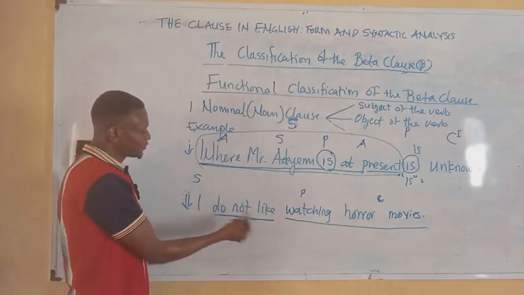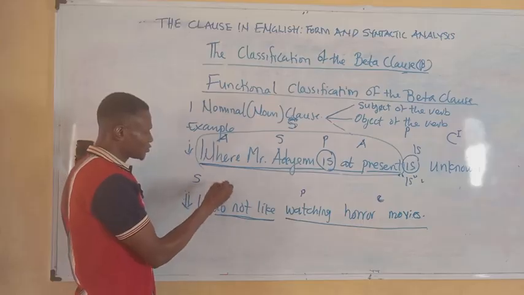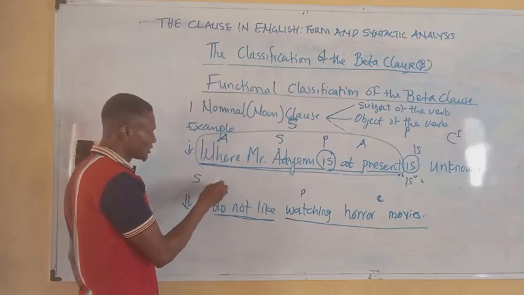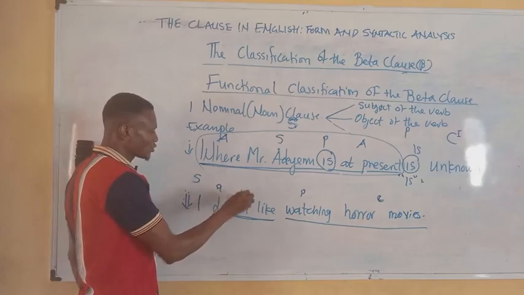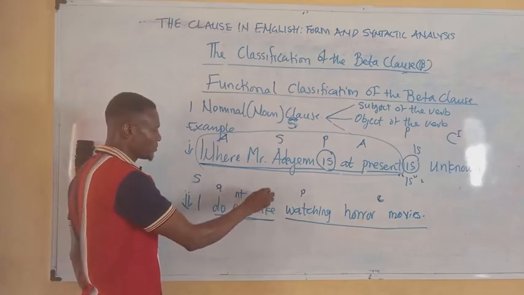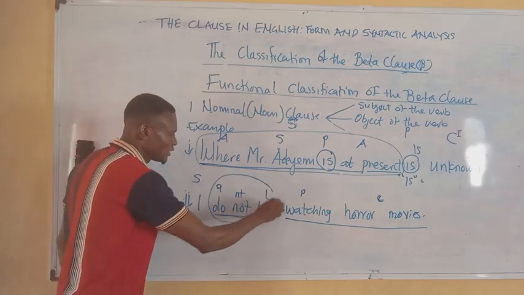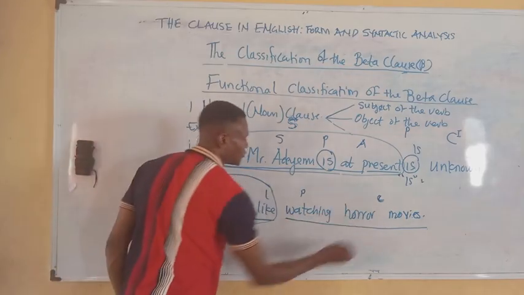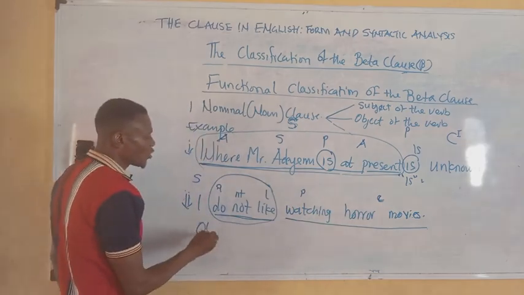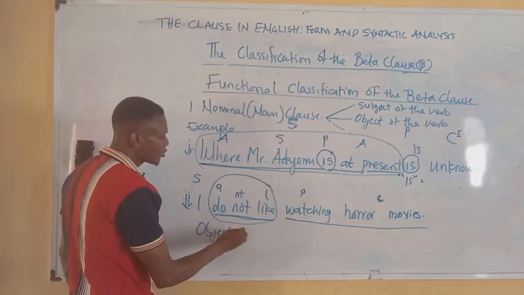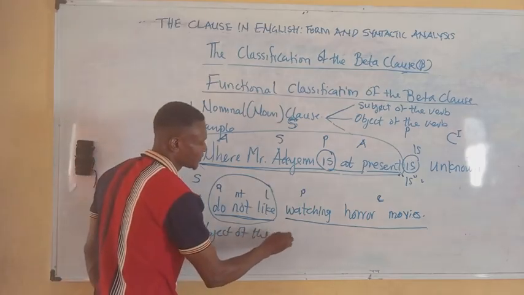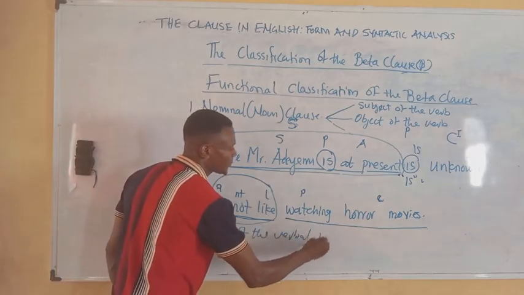The analysis of this verb will be auxiliary verb, negator, and lexical verb. So this is a group now. The function of the underlying expression here will be object of the verbal phrase.